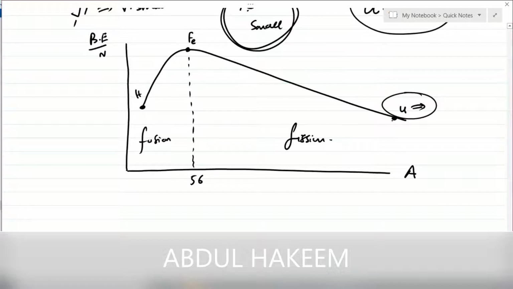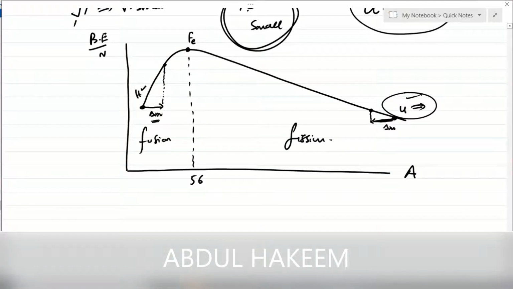So there will be the mass deficit due to decrease in the mass, and here is a mass deficit due to increase in the mass. So both are gaining stability. Their binding energy per nucleon is increasing, less increase in the binding energy per nucleon for the uranium, and more increase in the binding energy per nucleon of the hydrogen for the same delta M. So the hydrogen is more stable as compared to uranium after same mass deficit.